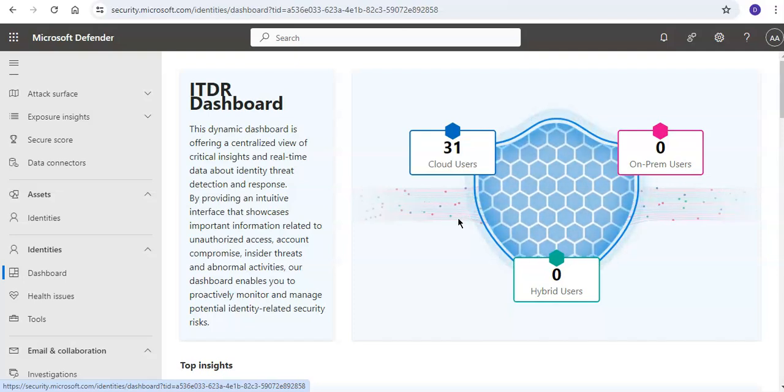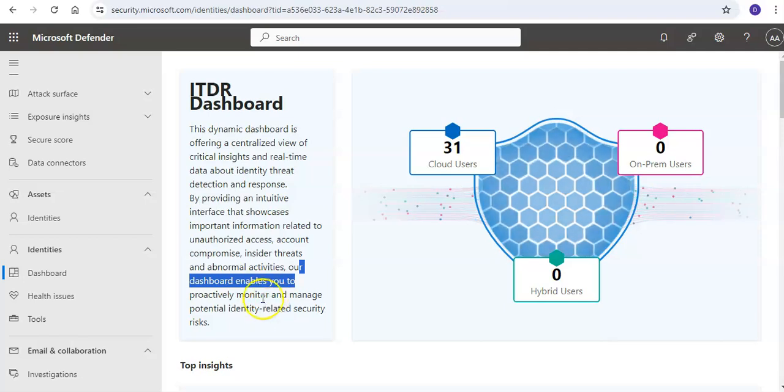This is a dynamic dashboard which provides a centralized view of critical insights and real-time data about identity threat detection and response. As mentioned, by providing an intuitive interface that showcases important information related to unauthorized access, account compromise, insider threats, and abnormal activities, these dashboards enable us to proactively monitor and manage potential identity-related security risks.